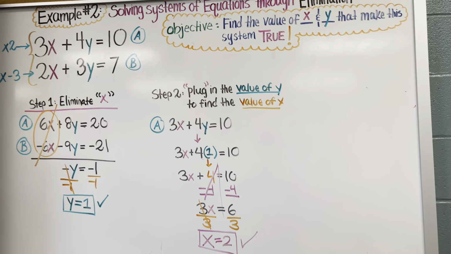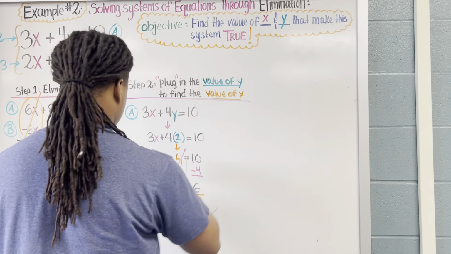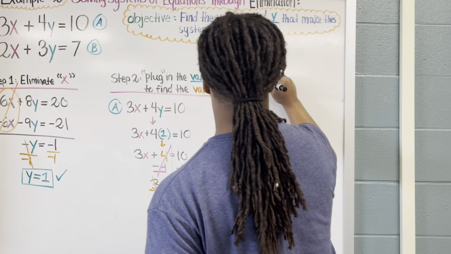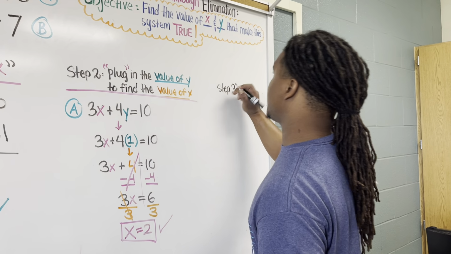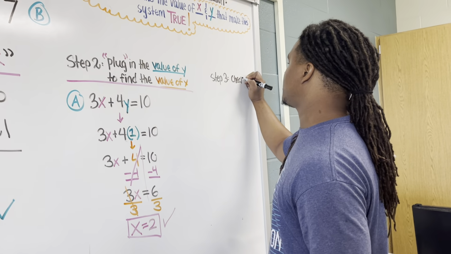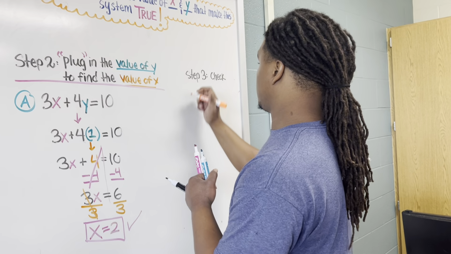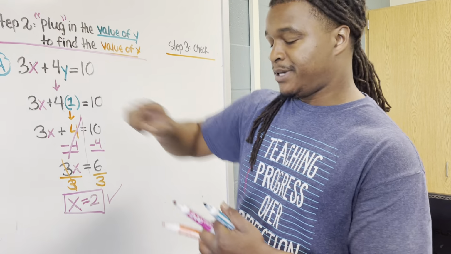Now, in order for you to check, right, the next thing I want us to do is to check. So the last step is for us to check to make sure that these values are correct so that this system is true, okay? So step 3 is we're just checking. So once again, either you can use equation A or equation B, it doesn't matter.